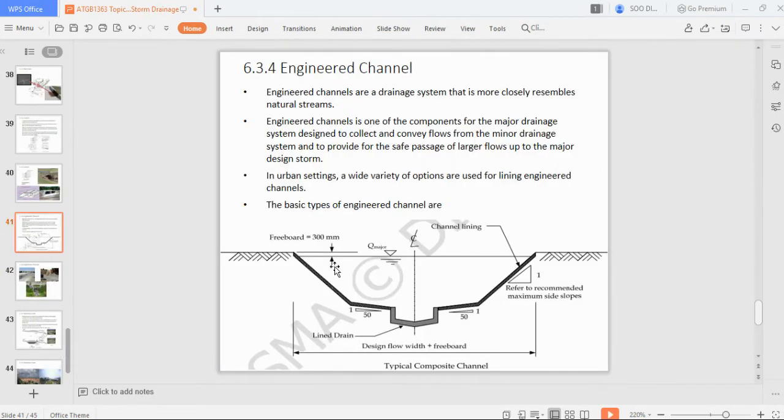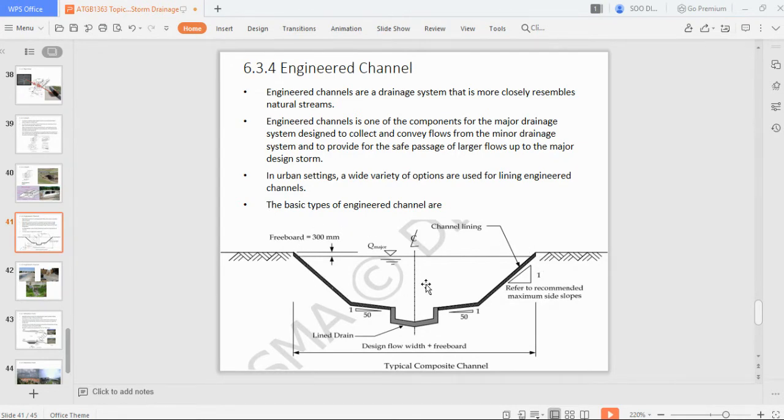Okay, and then besides that, we have this engineered channel. This drainage system is designed and built to resemble a natural stream. If you were to have a flat lay here without this small drainage system, if you were to only have a very small amount of rainwater, it will not flow.